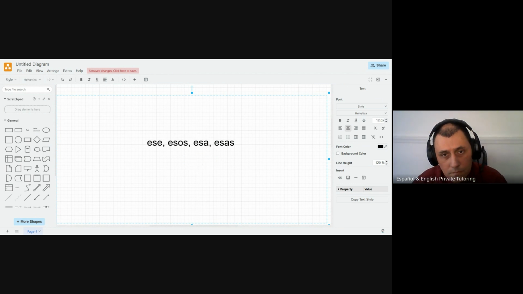Okay, so the thing here is that the book says that these are only used when the object, the noun, person, animal, or thing is near the listener, but that is not completely true. You can be next to me, and I can say to you, that car over there, far from both of us. So what the book is saying here is not necessarily correct. It is correct, but it can also be far from both the speaker and the listener.